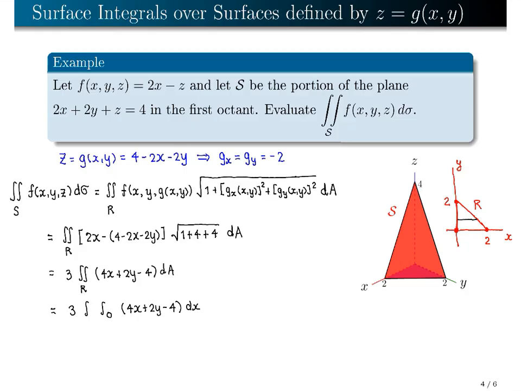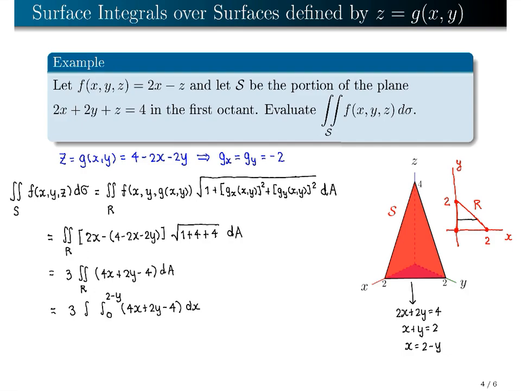Hence, the hypotenuse of right triangle R has equation 2x plus 2y equals 4. Simplifying, we have x plus y equals 2, and isolating x, we get x equals 2 minus y. Thus, the upper limit of integration here should be x equals 2 minus y.